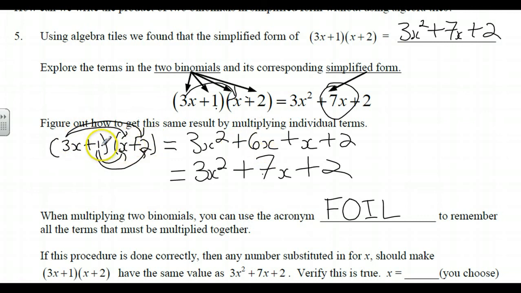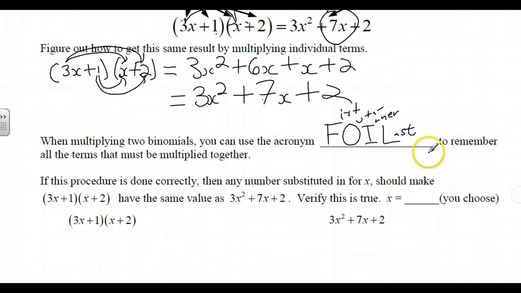Inside terms, or inner, 1 times x gives you x. And then last terms, 1 times 2 gives you 2. So first, outer, inner, and last.